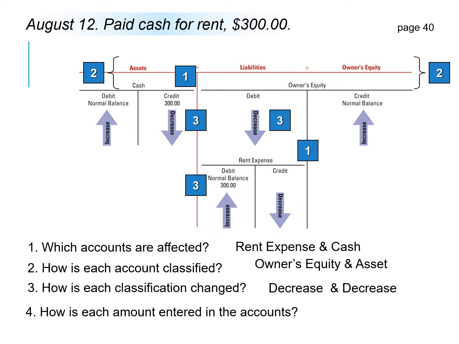We know that rent expense will be debited because its overall effect is a decrease on owner's equity. However, in the rent expense account itself, the debit normal balance will be the increase side. We also know that cash will decrease, so that will be credited. So we have a debit and a credit.